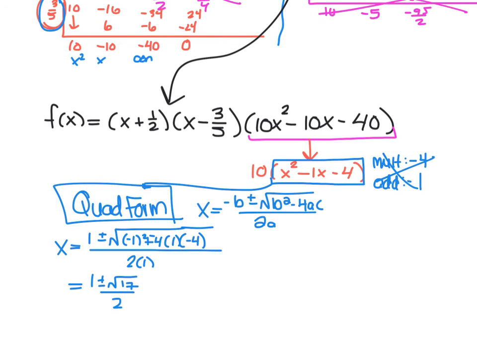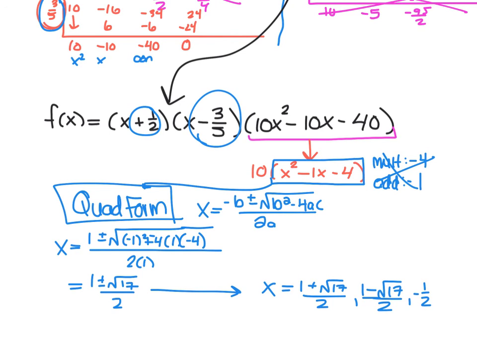So what we actually find here are two additional solutions here. We find that x is equal to 1 plus the square root of 17 over 2. We find that x is equal to 1 minus the square root of 17 over 2. So those are two possibilities. And then we have the negative 1/2 and the positive 3 over 5.